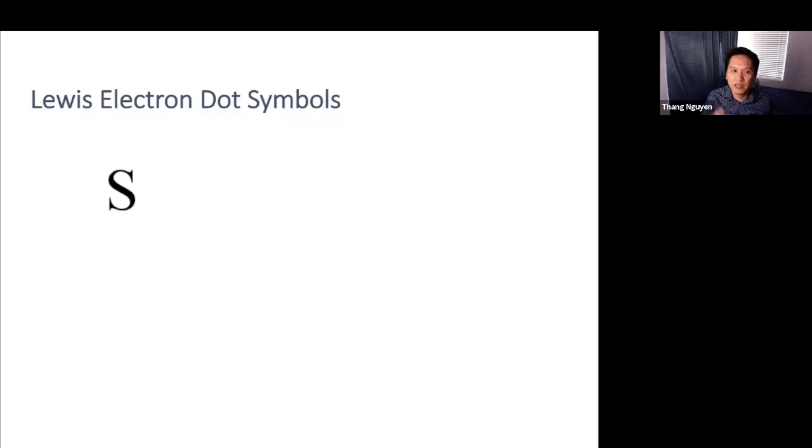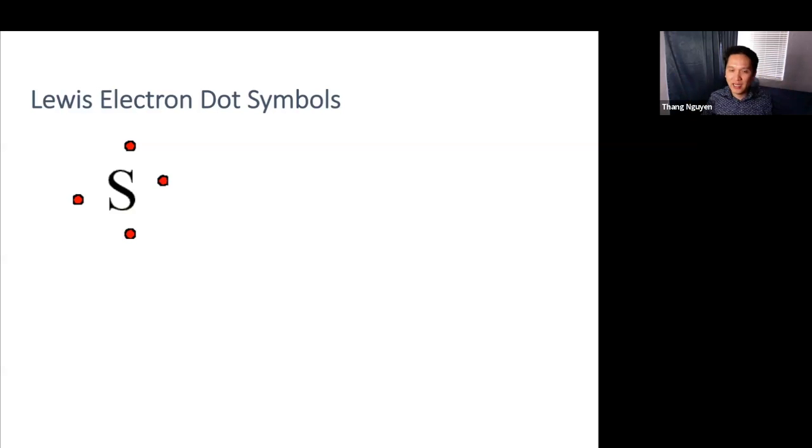So sulfur, for example, has how many valence electrons? 6, right? So we can draw 6 valence electrons, and you can draw the electrons in any position first, doesn't matter, as long as you fill the sides first before you double up. So here's what I mean by that. Sulfur has 1 electron, second electron, third electron, fourth electron.